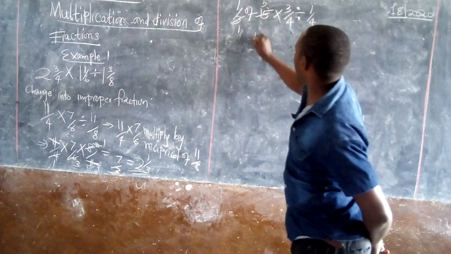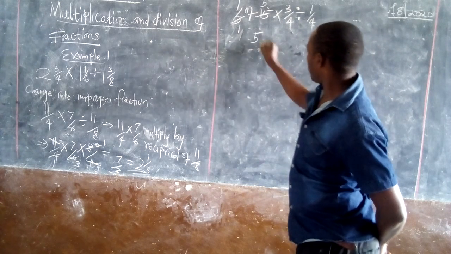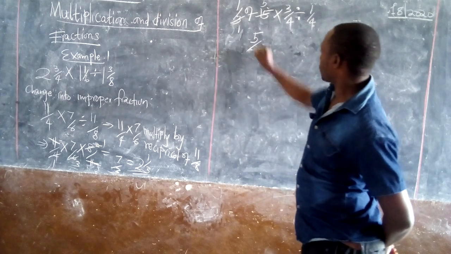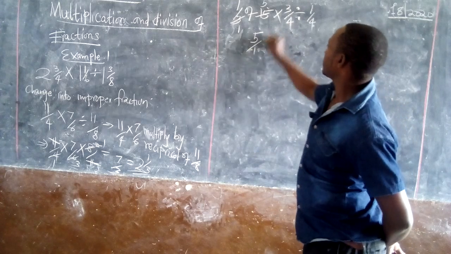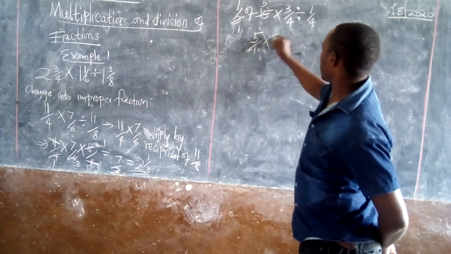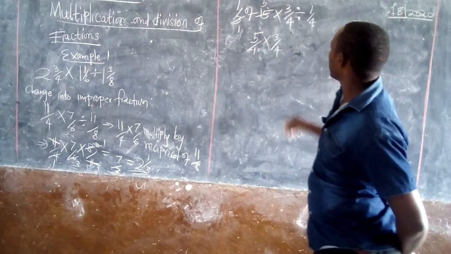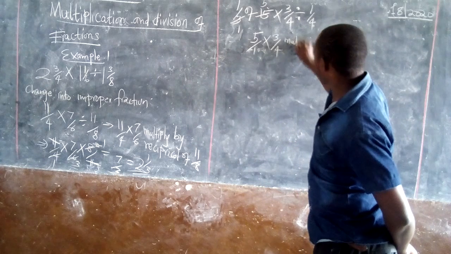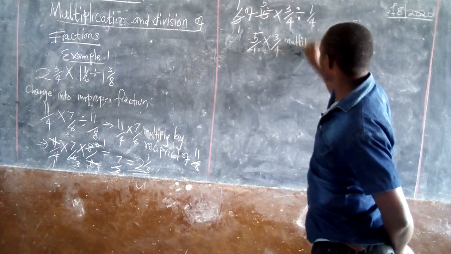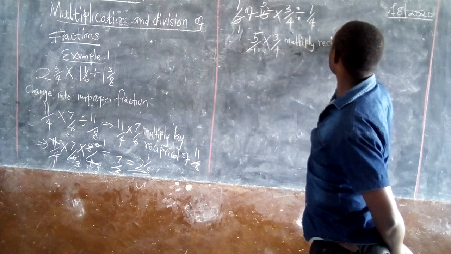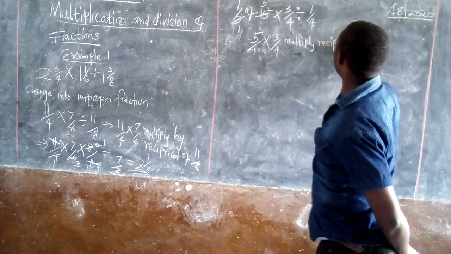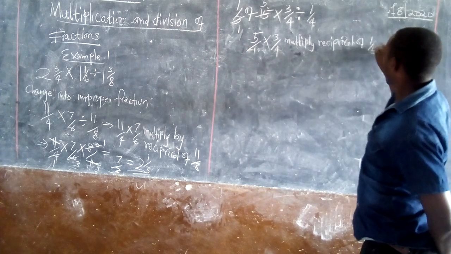So here we have 5 over 1 times 3/4 multiplied by the reciprocal of a quarter.